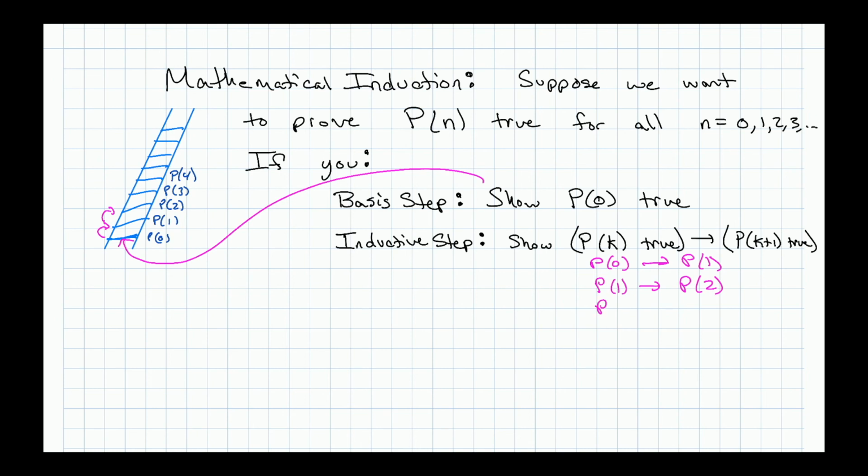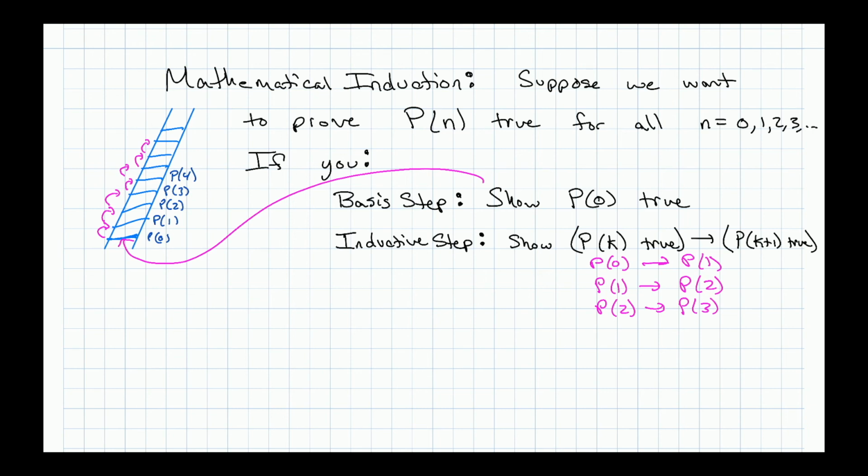And then if P of 2 is true, then P of 3 is true. And so in this manner, you just keep climbing the ladder using that inductive step. So you need the basis step to get on the ladder, and then the inductive step just takes you the rest of the way. Okay.